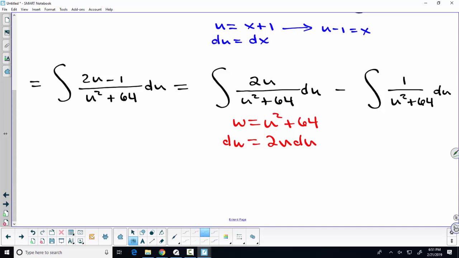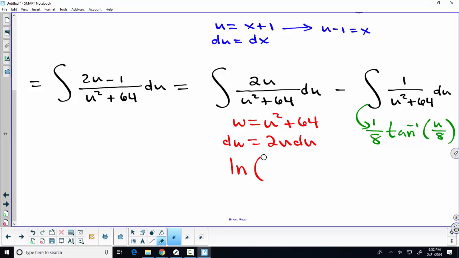Specifically, this is arctangent of what? Your u substitution here, natural log, absolute value, u squared plus 64.